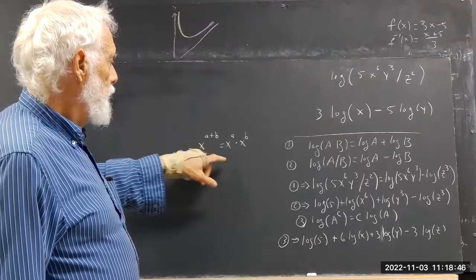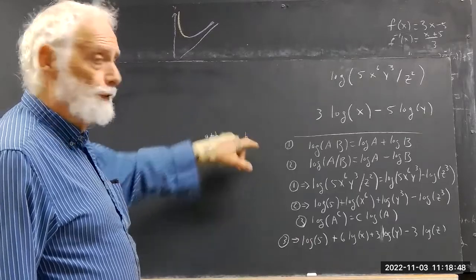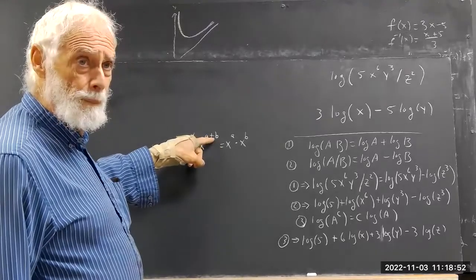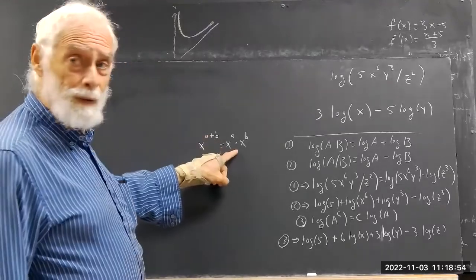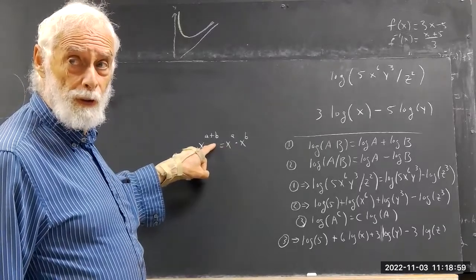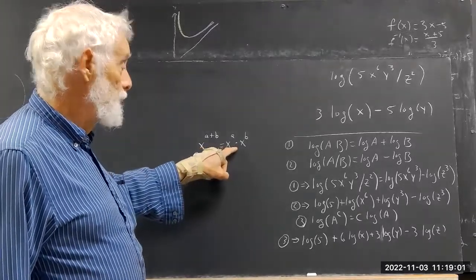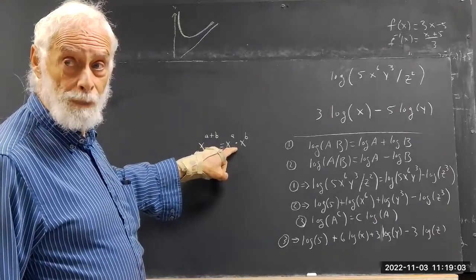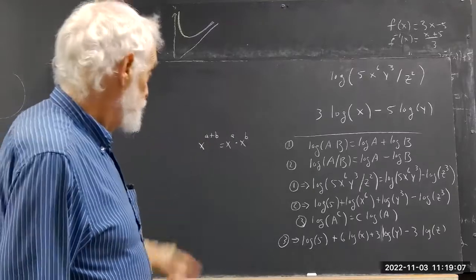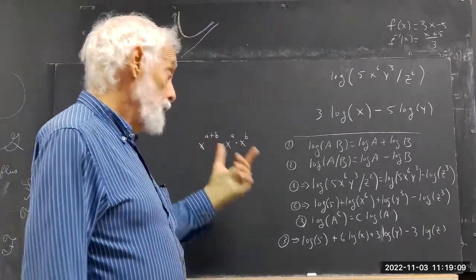But you know, x to the a plus b is x to the a times x to the b. So an addition becomes, in a sense, a multiplication. An expression with an addition in the exponent becomes an expression with the multiplication of two powers of x.